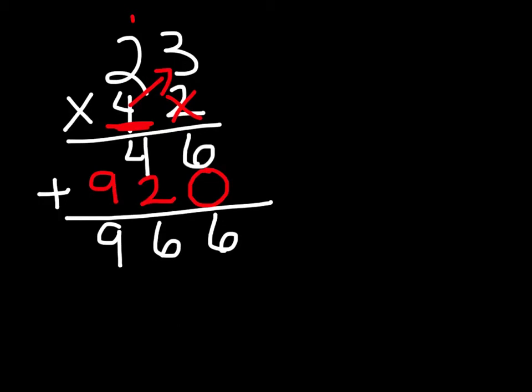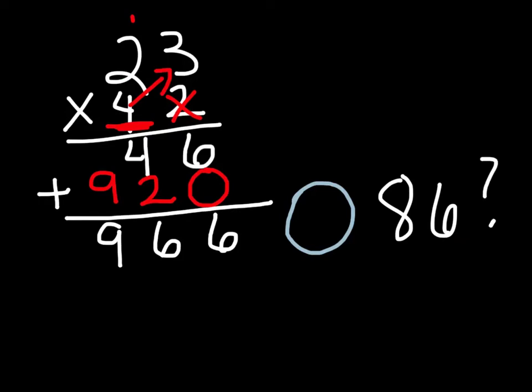Now, compare this number to the original number we would have got if we'd done it the incorrect way. 966, how does that compare to 86? Wow.